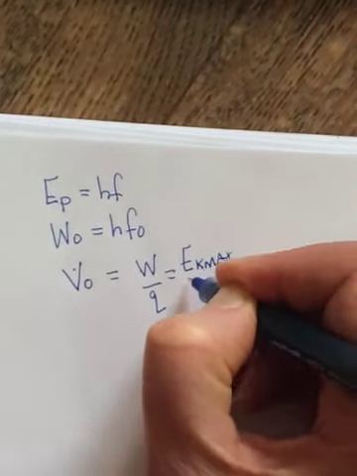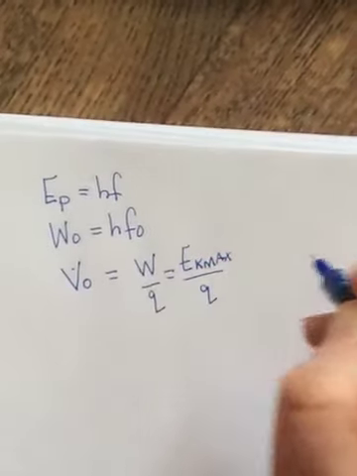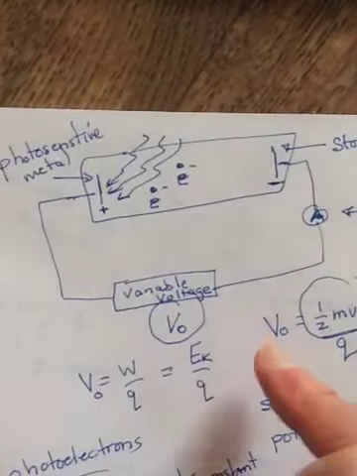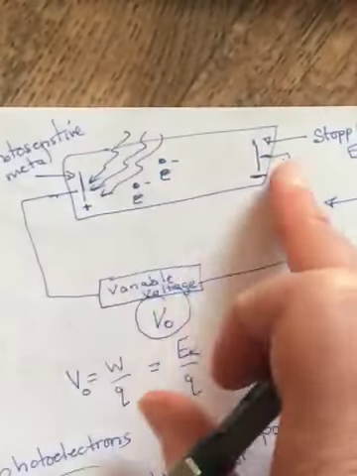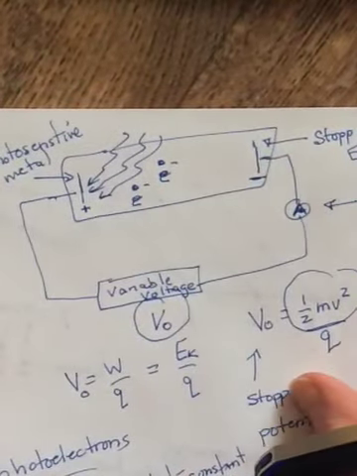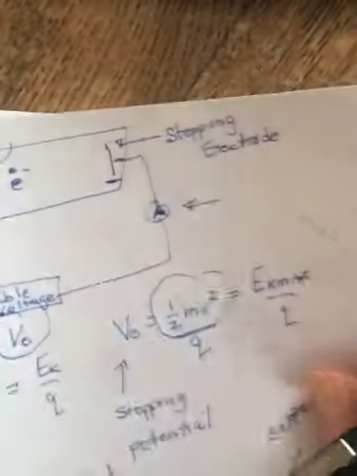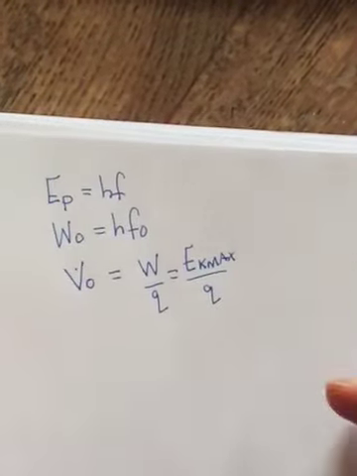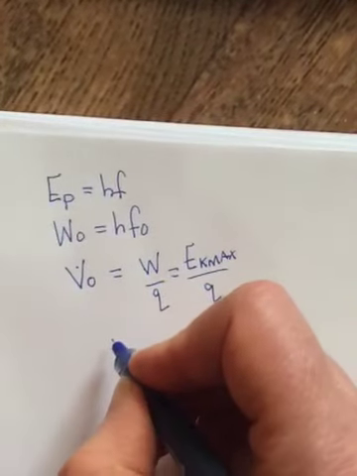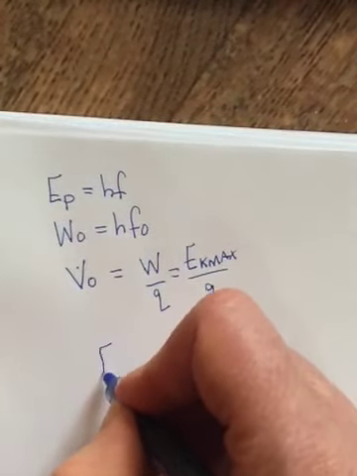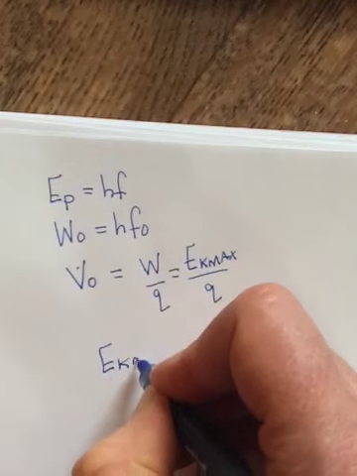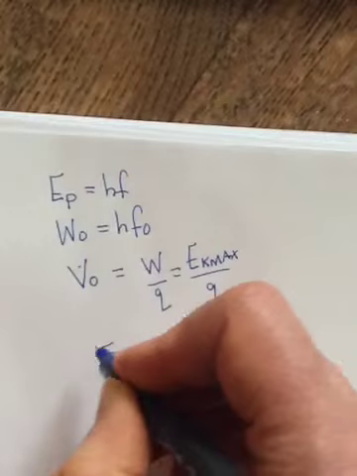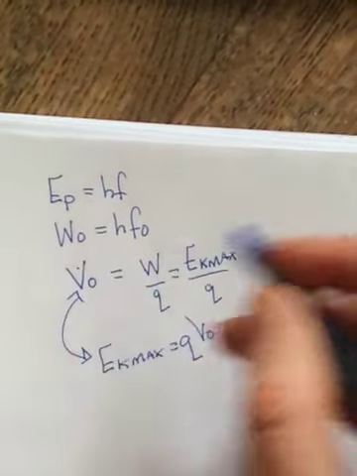Remember, it's the energy needed. How big do we have to make the voltage to stop the electrons from coming across? So we find the voltage that'll stop even the biggest ones. So if you had the stopping potential, you could find Ek max. It's just equal to QV0.